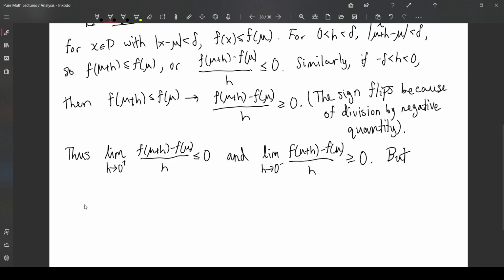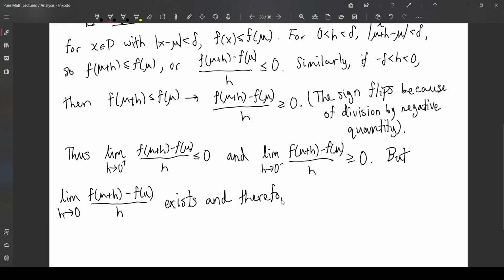But this limit exists, and therefore equals the left and right-hand side limits.